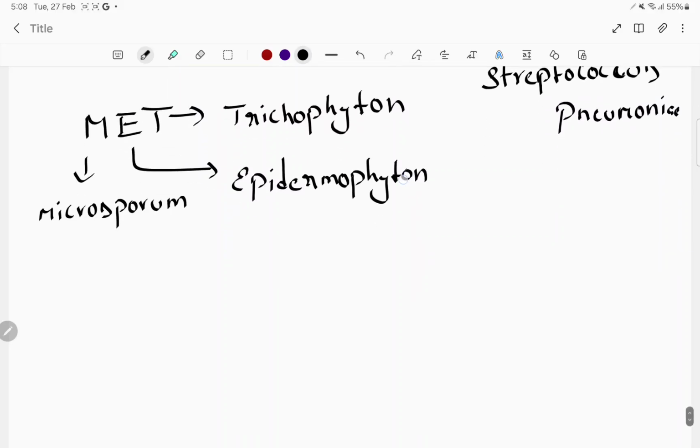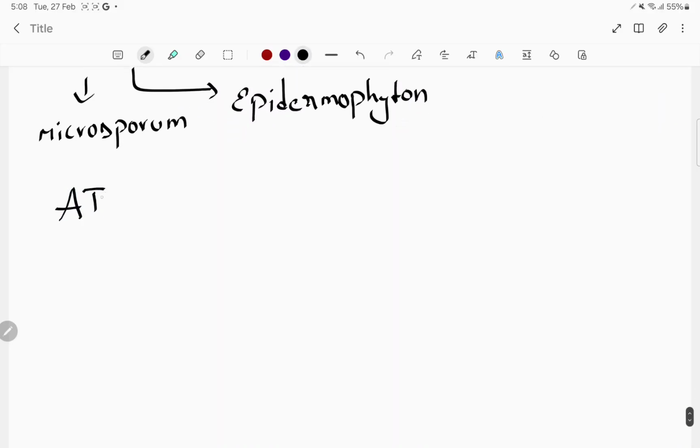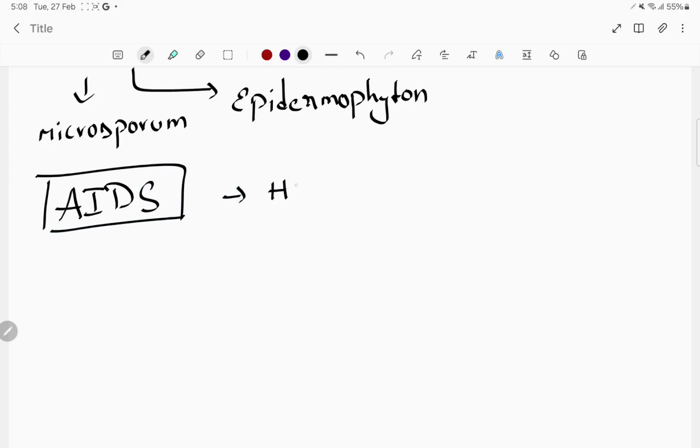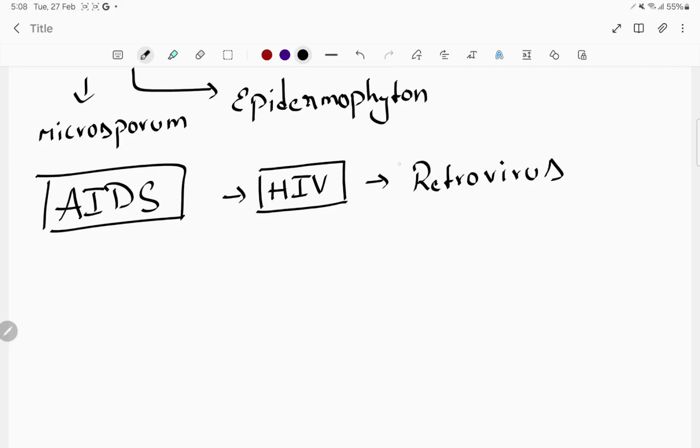Okay. And next, AIDS. Remember, acquired immunodeficiency syndrome. This is the disease. The causative organism is HIV, human immunodeficiency virus, and this is a retrovirus. The meaning of retrovirus is it has reverse transcriptase.